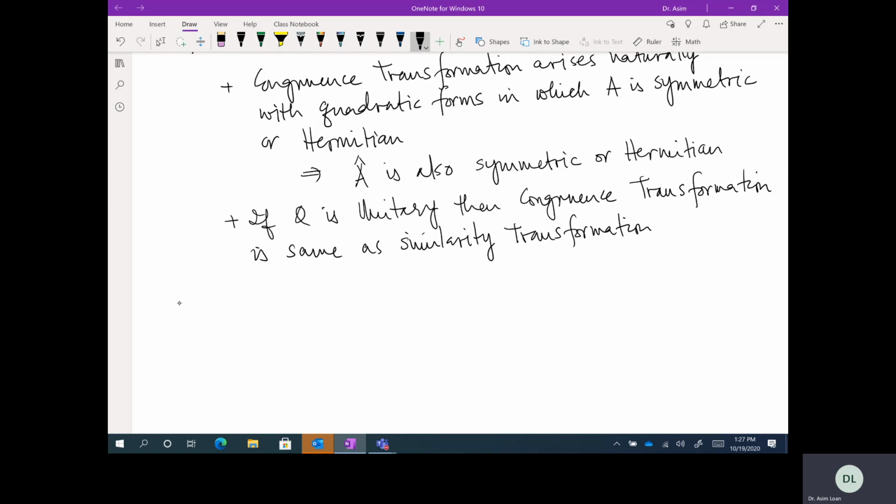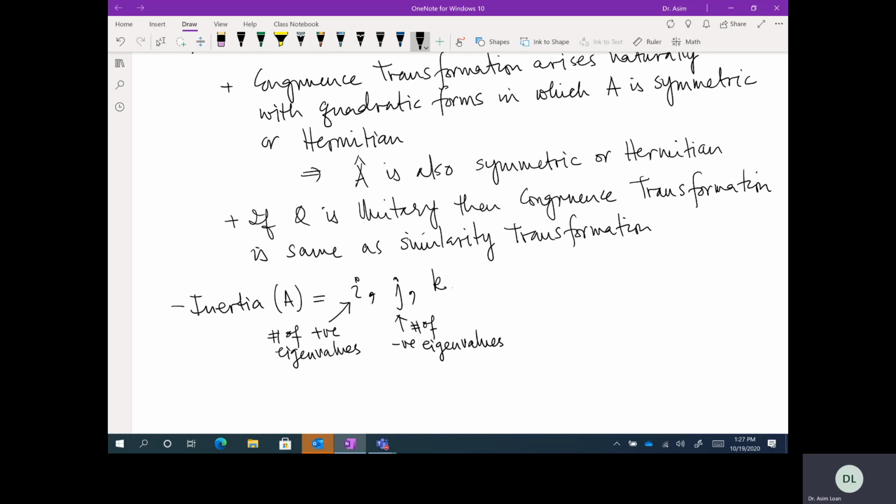Let's define some terms. What is the inertia of a matrix? Inertia of a matrix is I, J, K. What is I? The number of positive eigenvalues. J is the number of negative eigenvalues. And K is the number of zero eigenvalues.